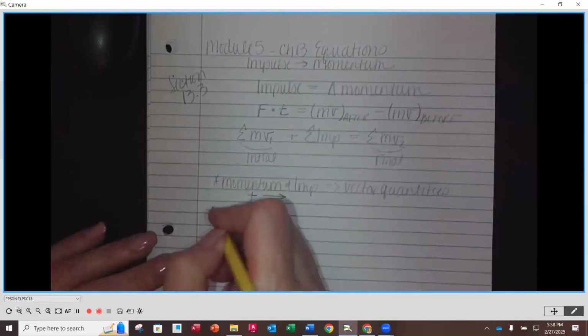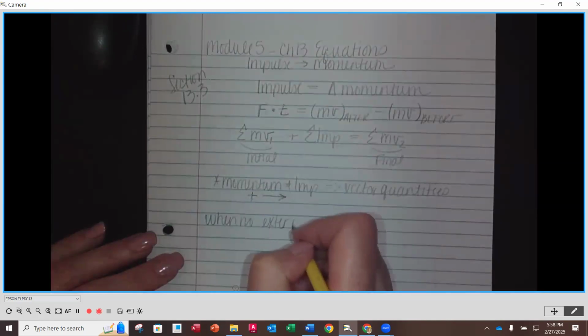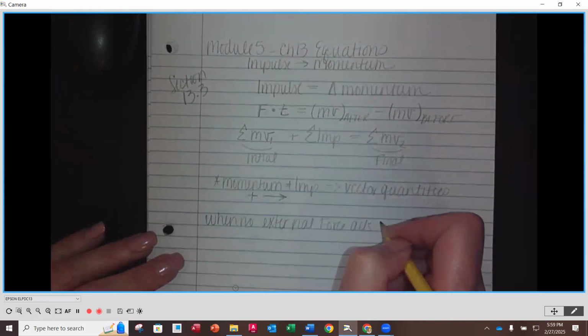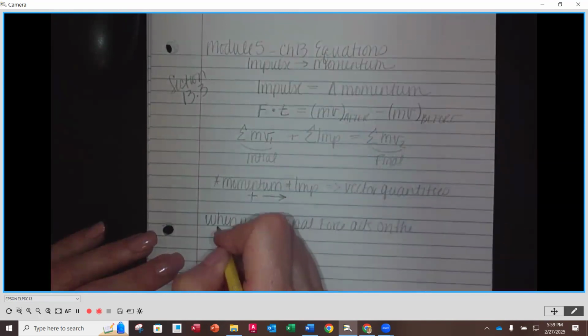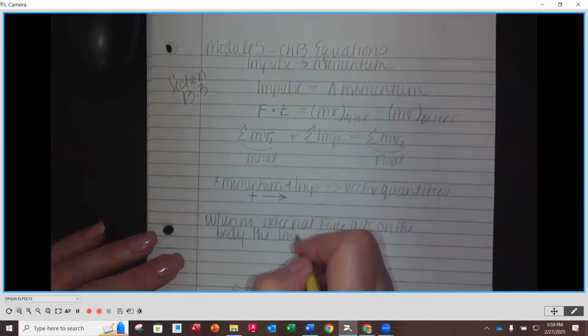Now also, when no external force acts on a body, the impulse drops out.